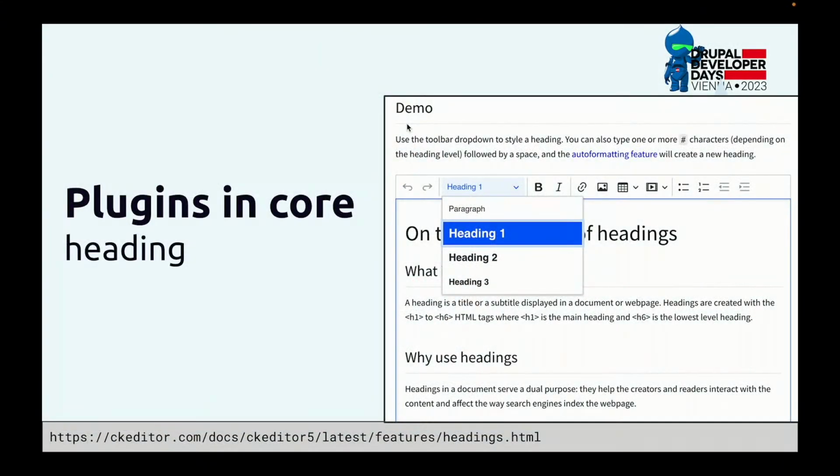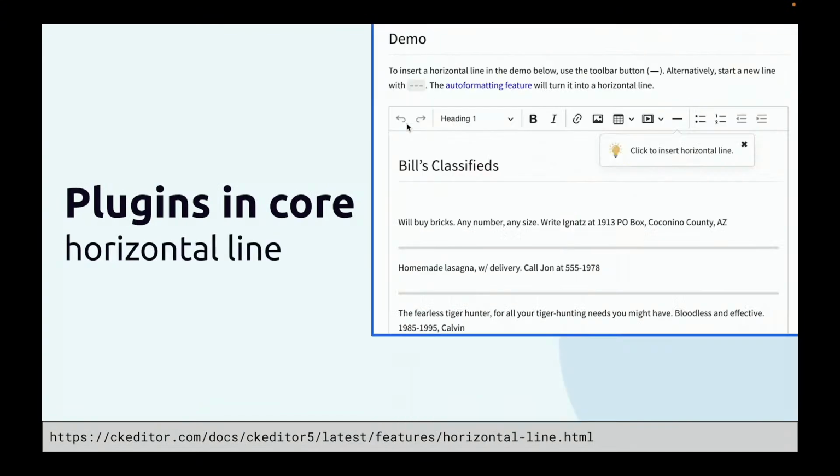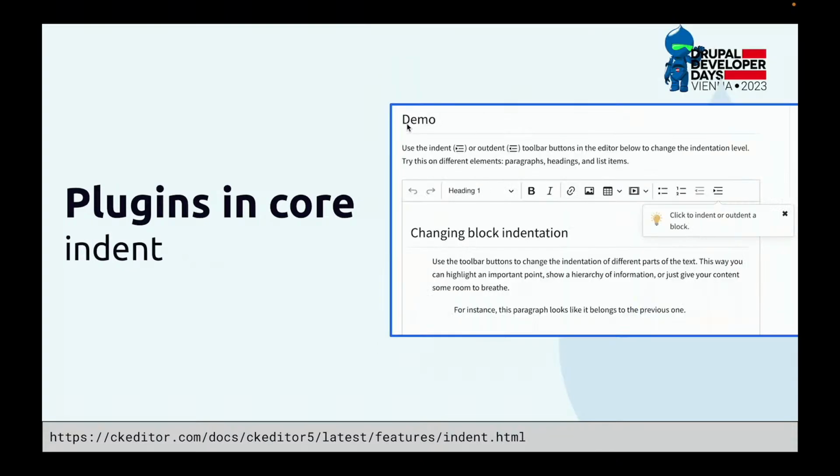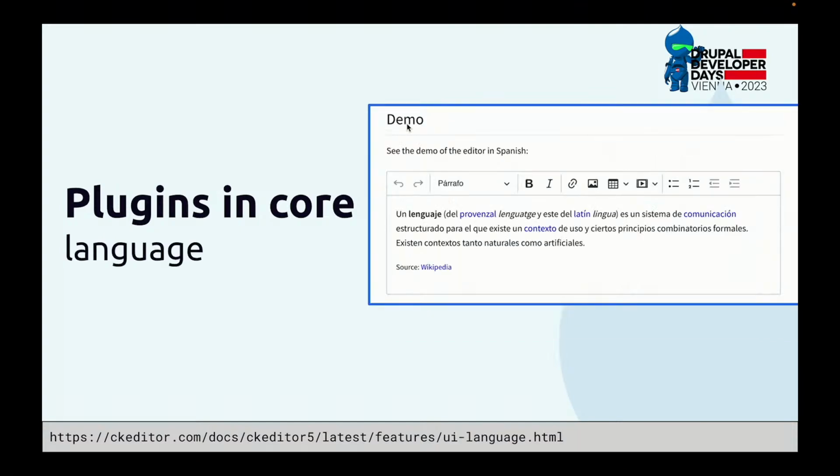We have headings: heading 1, heading 2, heading 3, simple stuff. Horizontal line, another separate plugin. Image support, so we can actually see the images and do different things with them. We have indentation, so we can move pieces of content left and right.